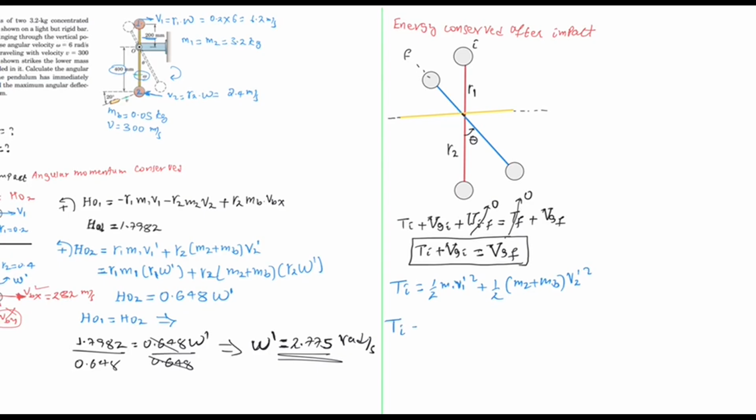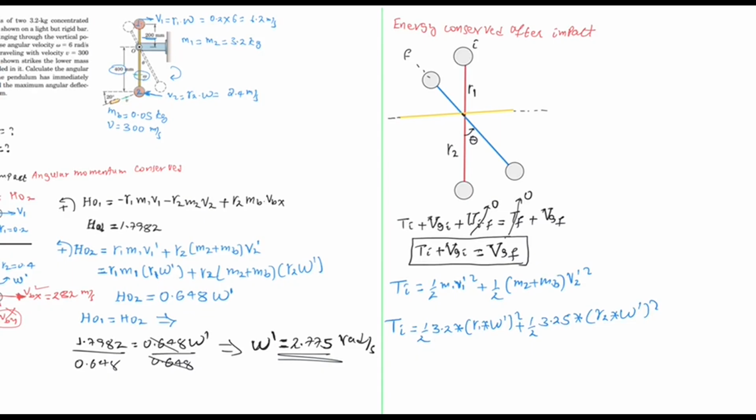So finally we'll get the kinetic energy at the initial condition equal to half m1, which is 3.2, times v1 prime, which is r1 times omega prime, the whole squared, plus half of m2 plus mb, which is 3.25, times v2 prime, which will be just r2 times omega prime, the whole square.